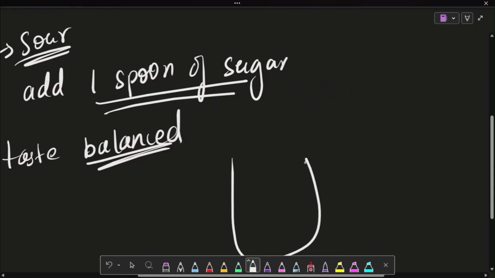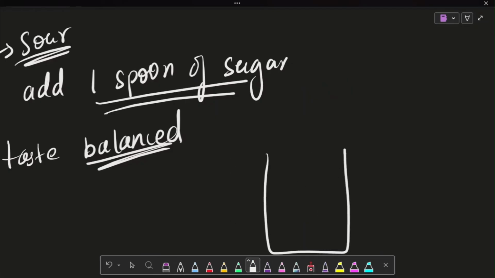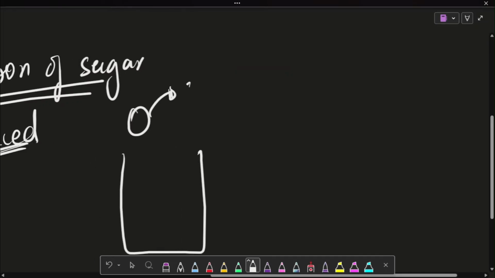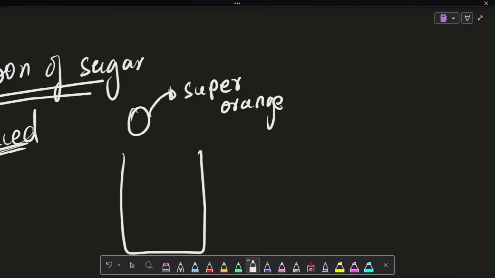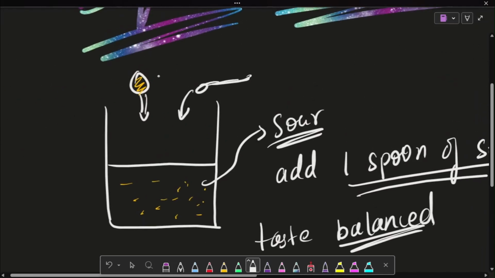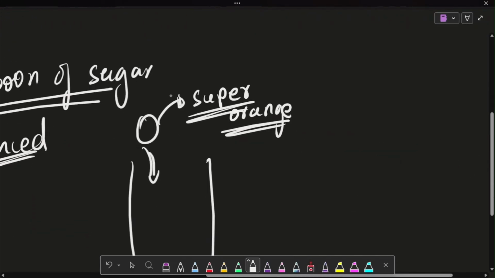So now let's take another example. You took an orange, and now this orange is a super orange. You added the same amount. Let's say you added 50 ml here, and you added 50 ml here too.